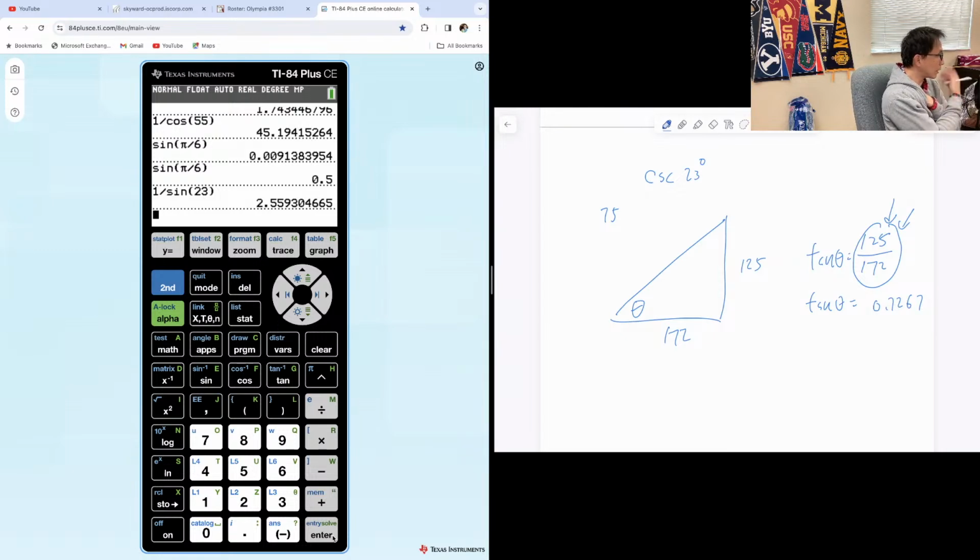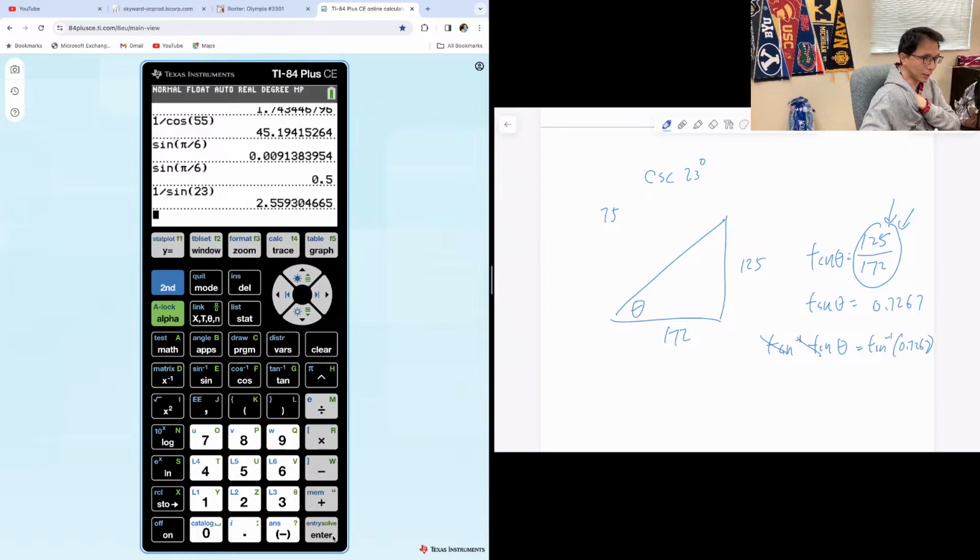What is it? Say it louder. What inverse? It's not tangent to the power of negative 1, read it as tangent inverse. So you're going to have to do tangent inverse of this, tangent inverse of 0.7267.